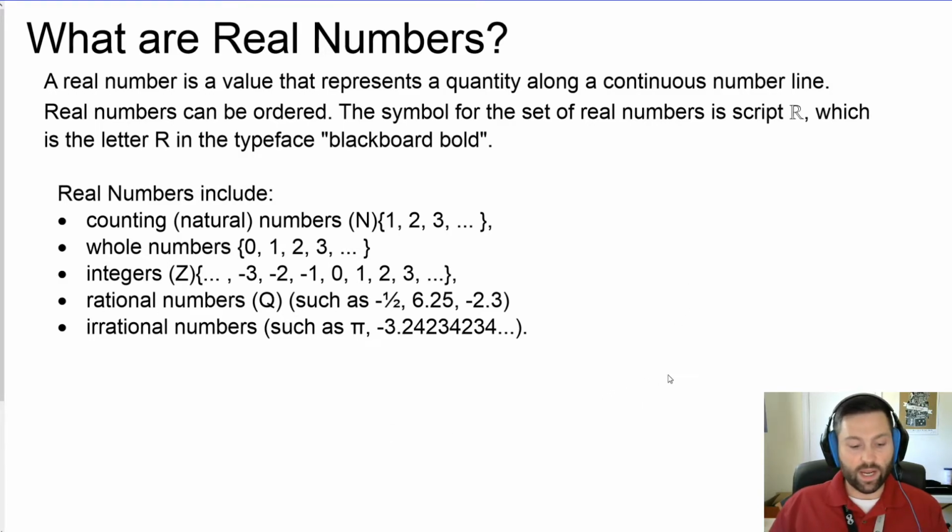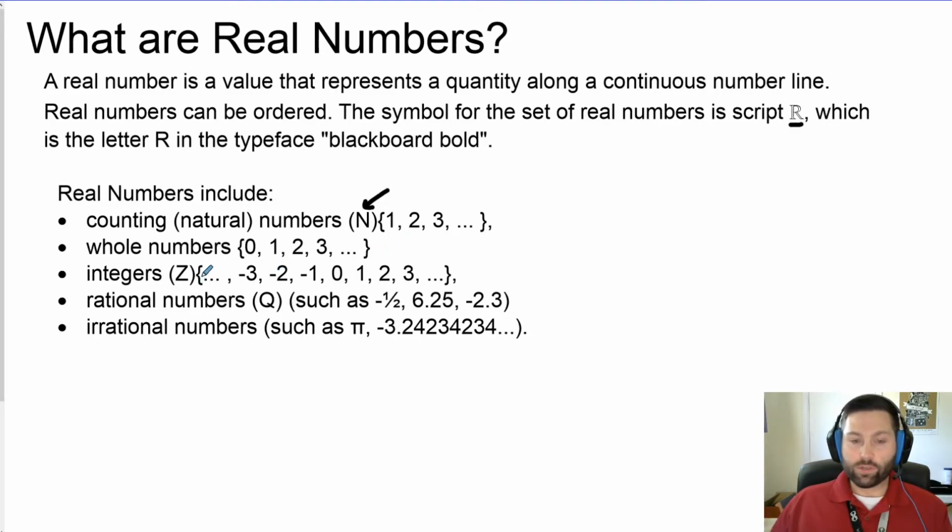The symbol that I have here on the screen is the letter R in the typeface blackboard bold, but that's more for if you're typing on a computer. The real numbers include things like the counting numbers, the natural numbers, which use the symbol N. The whole numbers, which don't really have a symbol.